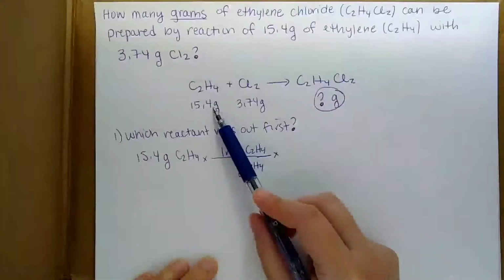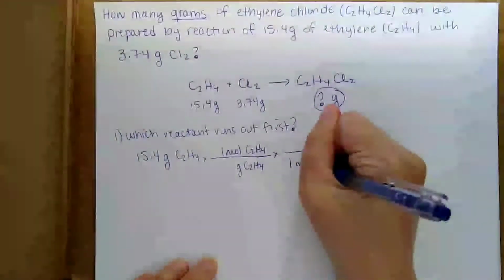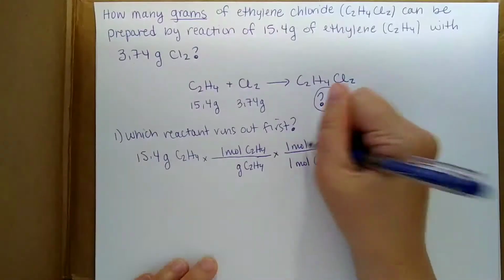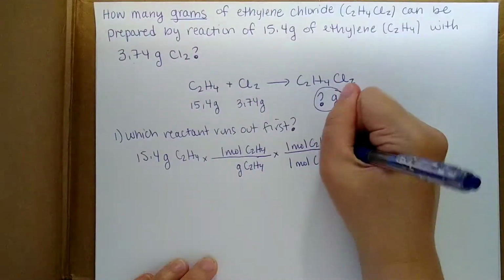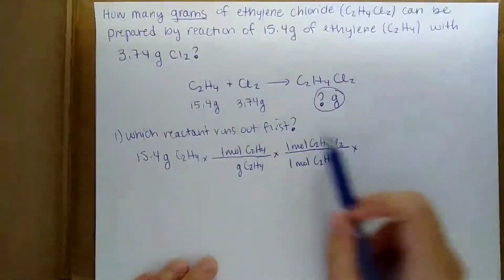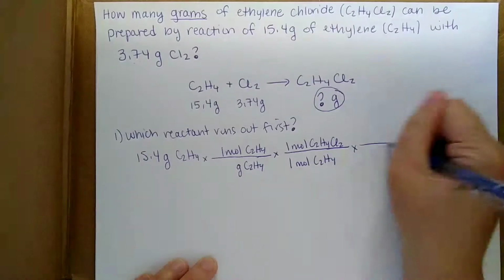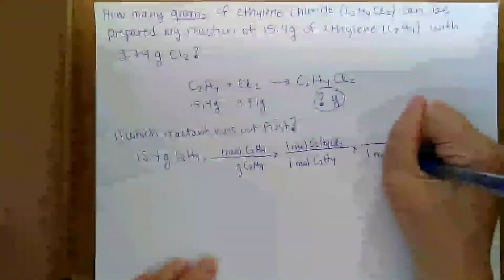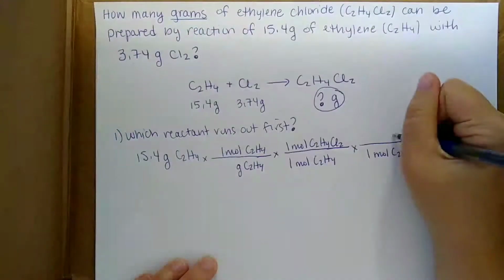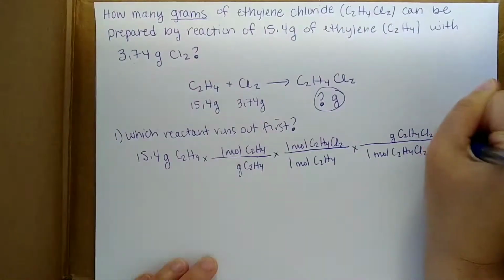So how many moles of reactant for every mole of product? There's 1 mole of C2H4 for every 1 mole of product here, the C2H4Cl2. And then finally, it's asking us for grams, so we need to put this quantity back into grams. So once again, for every 1 mole of C2H4Cl2, there's however many grams in this compound. And I'm going to figure that out later.